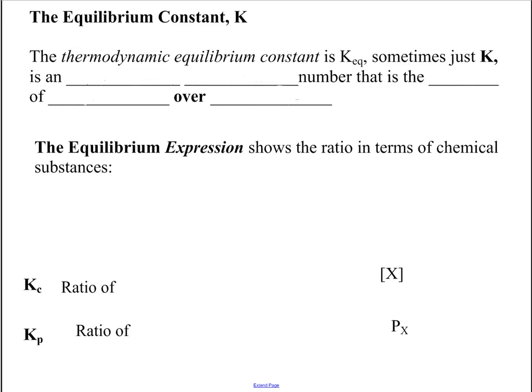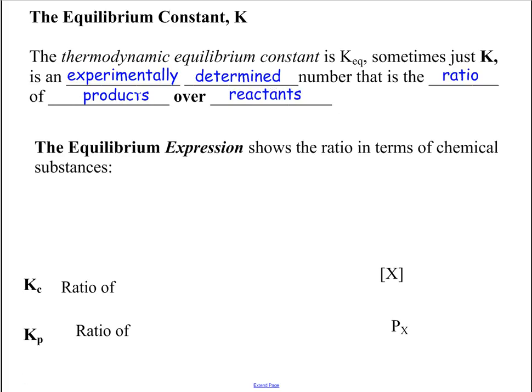All right, let's talk about what we're going to call the equilibrium constant, capital K. Make sure it's a capital K and not a lowercase k, because a lowercase k is going to be different later on. K subscript EQ, the equilibrium constant, is an experimentally determined number that is the ratio of products over reactants.